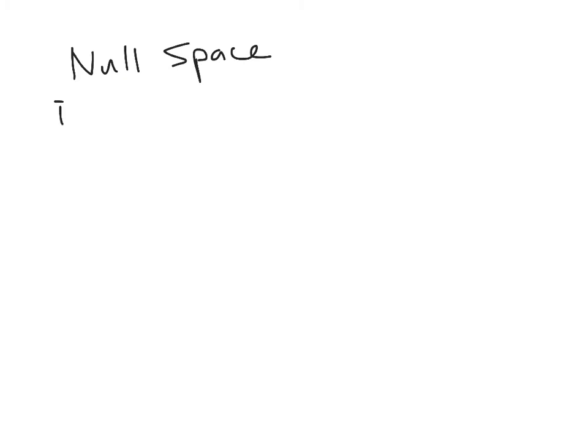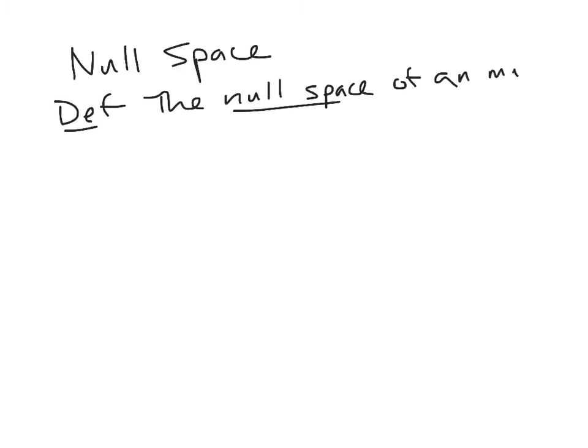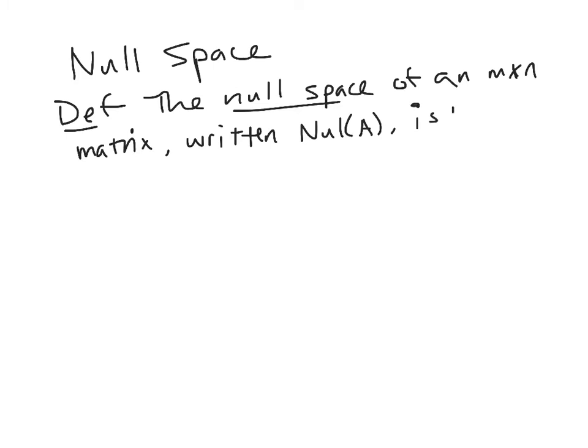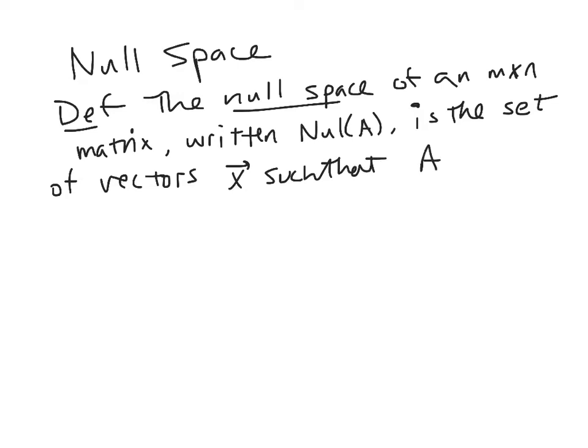The null space of an m by n matrix, you write that as Null A, is the set of vectors x such that Ax equals the zero vector. So this is a subspace of Rn.